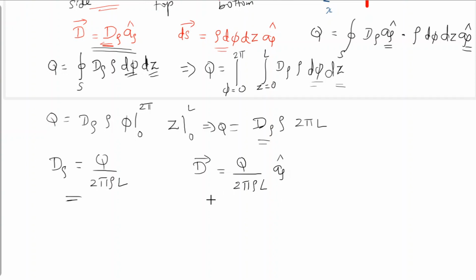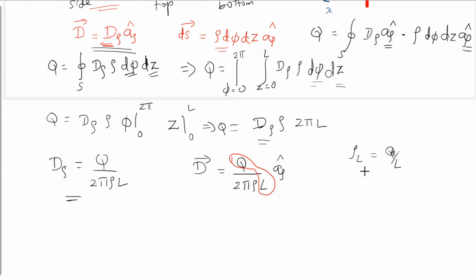Now see here, we have considered the line charge density of the entire line charge as rho L. So I will substitute that here. I have Q by L here. Can you see that term? What is Q by L? We know that charge density is nothing but charge by length.